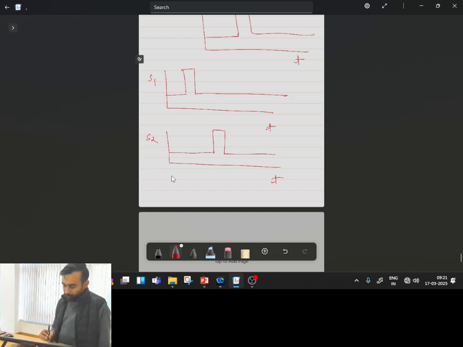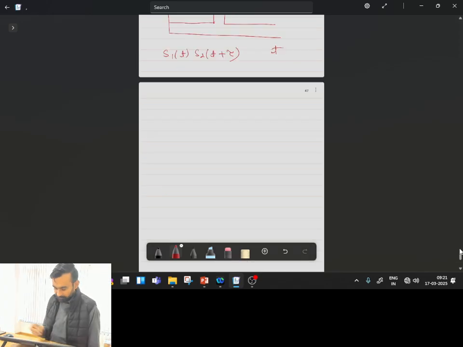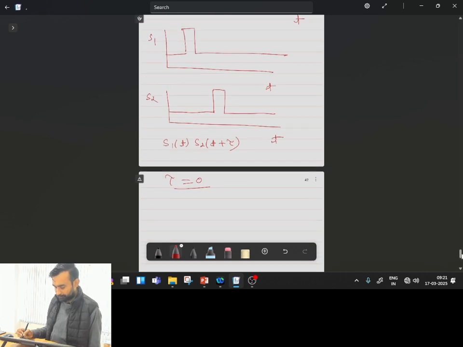So what we can do is multiply S1(t) with S2(t plus some factor tau). Okay, now what will be happening? Whenever my tau is 0, what will happen at that time? I am simply multiplying S1(t) and S2(t). At this point S1(t) and S2(t) both are 0.